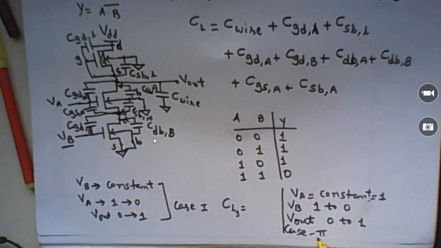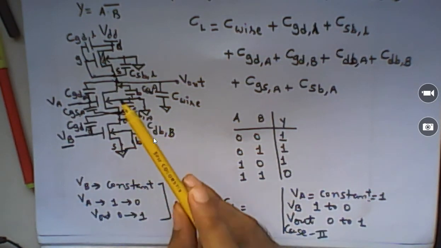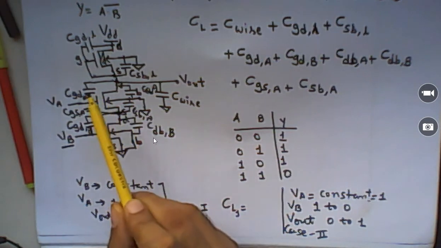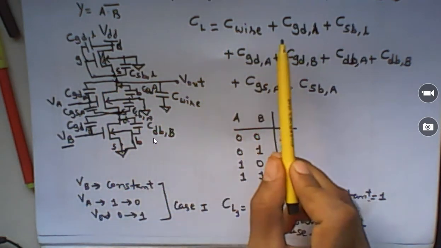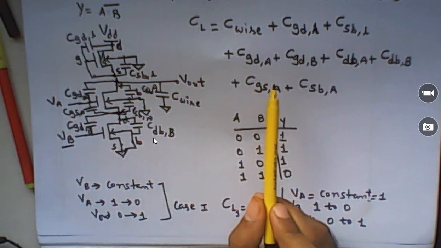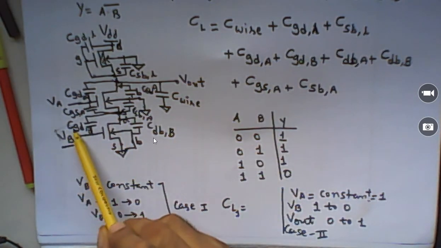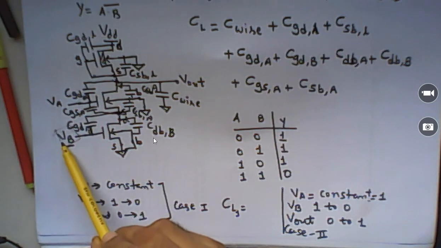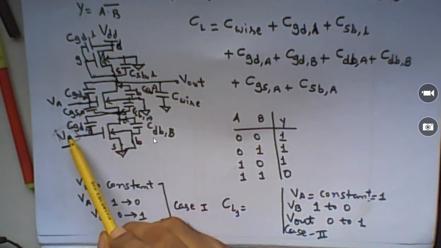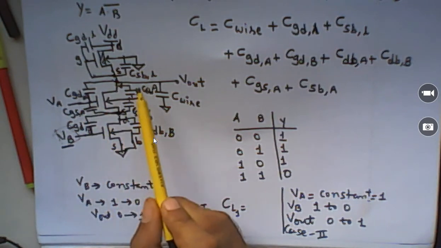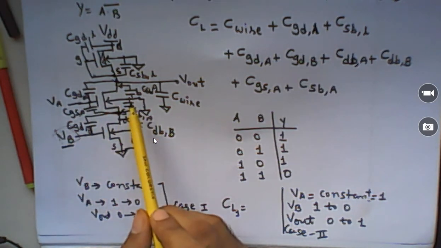In case 2, the capacitance between the output and ground includes all the capacitances we have written here. Since input B is going to change, all the capacitances between the output and input B come into the picture.